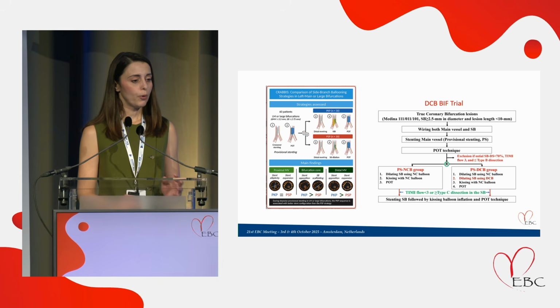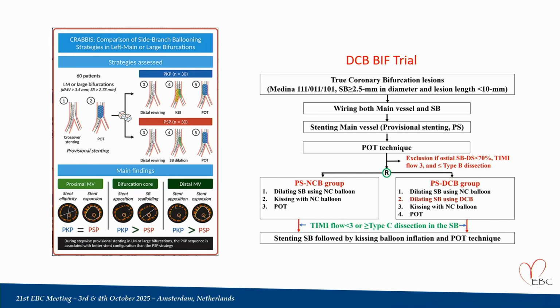We know both from bench studies as well as in vitro models that the POT-kiss-POT sequence is better than the POT-side-POT sequence. And also the DCB comes in because of the results of the DCB BIF trial, which is quite encouraging.